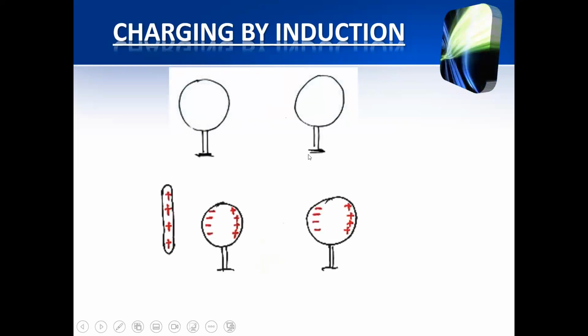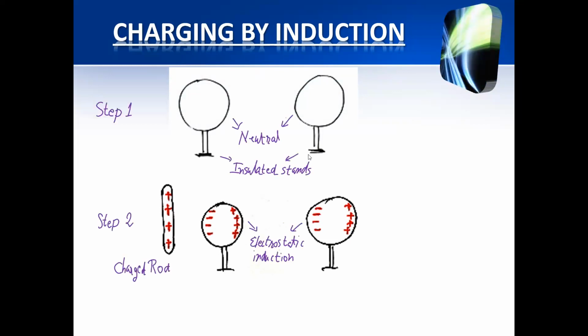Now, this is the first step, and you can see step number 1. The two spheres are neutral and they're on an insulated stand. When I brought a positive charge rod near to it, the two spheres undergo plus and minus separation, and this is electrostatic induction. You have to copy this.